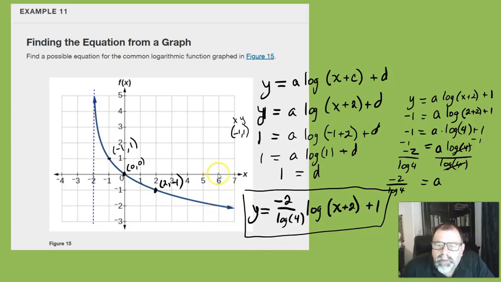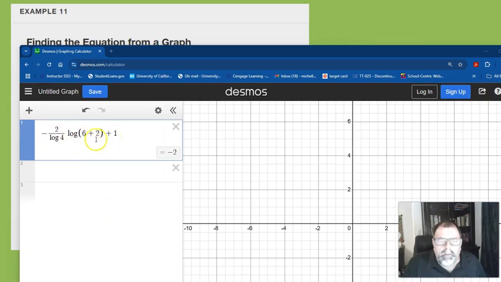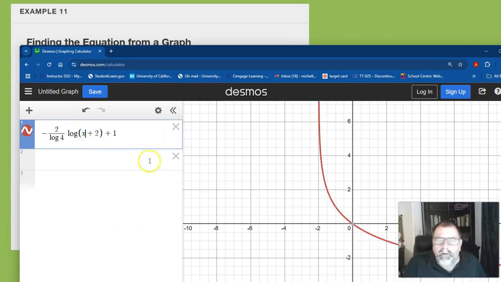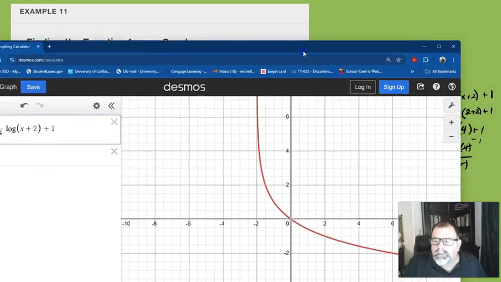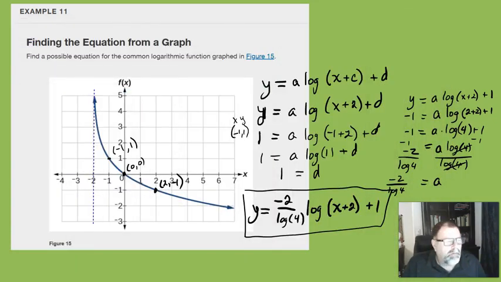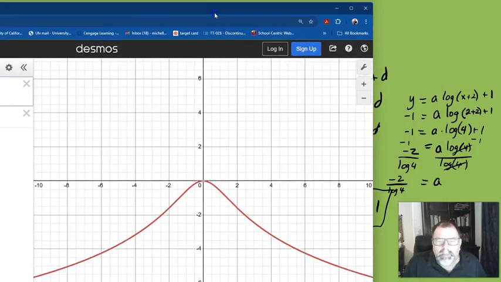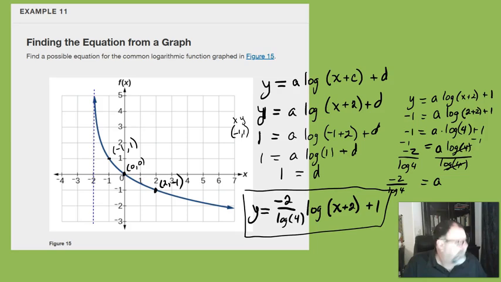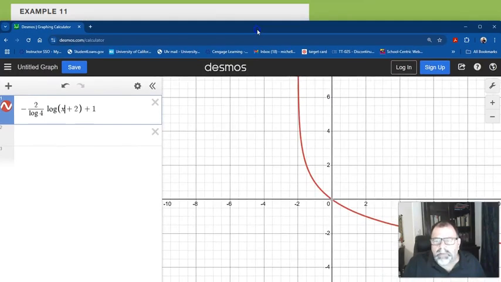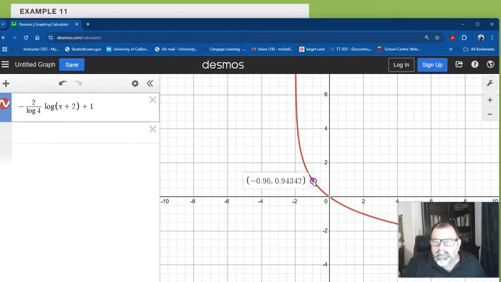Let's see if you put in 6, do we get something close to negative 2, just to see if we're on the right track. Okay, you can see I put it in there. If I just leave that as x, you can look at the curve, and it looks pretty close, if not exactly like the one that we have there. You can even check some points, like just click on it.